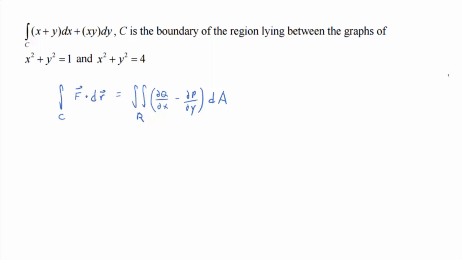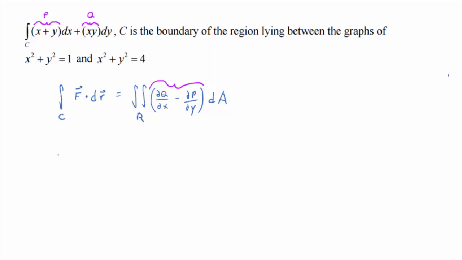So what's Q? Q is the guy attached to dy, and P is attached to dx. Inside this formula, it tells us to take the partial derivative of Q with respect to x minus the partial derivative of P with respect to y. That's our integrand, so let's do that first.